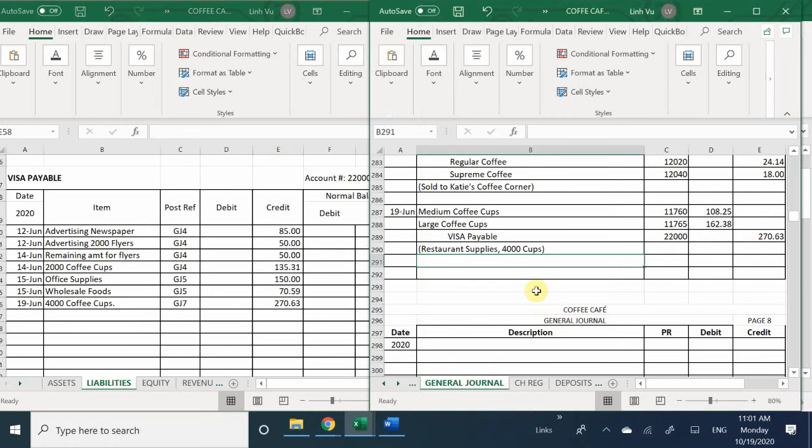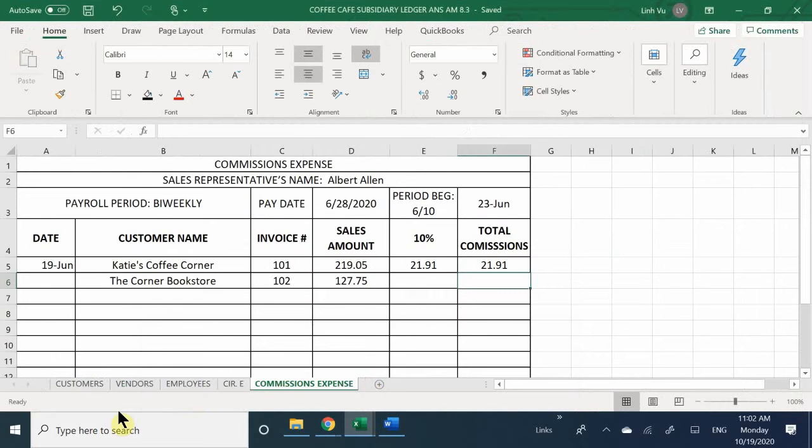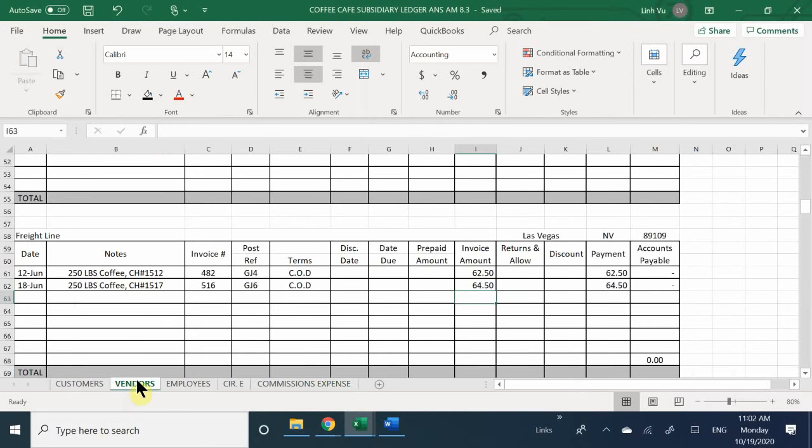All right. Where else do we need to go? The subsidiary ledger? Subsidiary ledger, yes. All right. Who were we dealing with? Restaurant supplies.